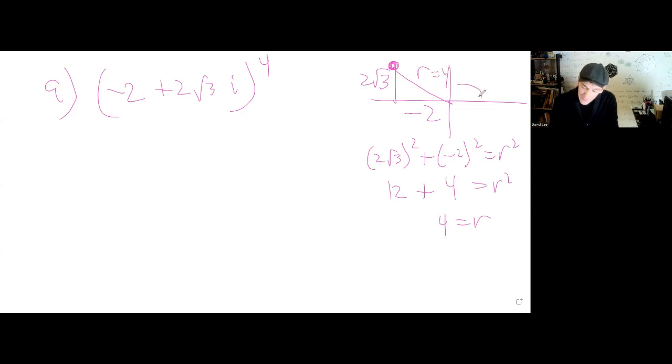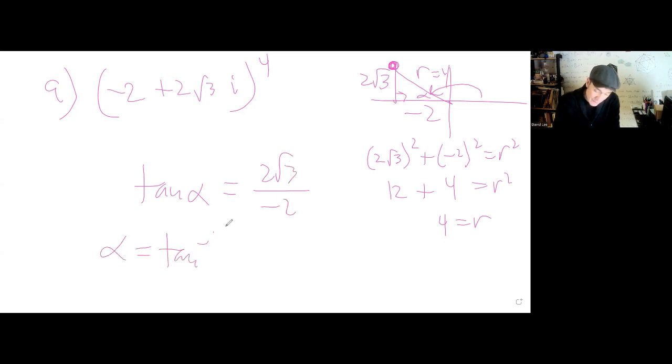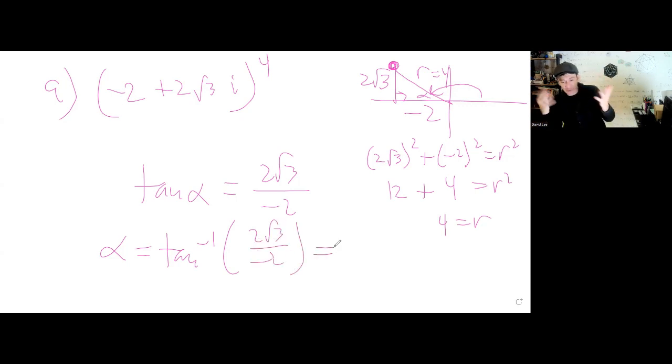Now for theta, how about you find little baby alpha? So let's find little baby alpha. We know that tangent of alpha equals opposite over adjacent. So alpha would equal tangent inverse. And if you have to, take the absolute value of that, whatever your calculator says.